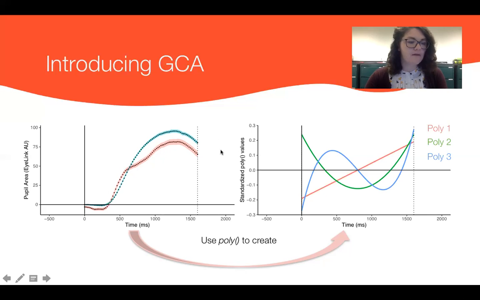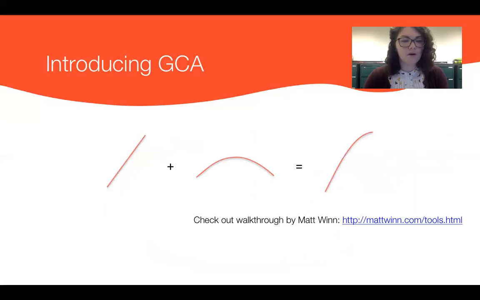If at this point you're wondering how these shapes are going to help fit to this data, I have a short visual example that I can show you that hopefully will help conceptualize it. The important key concept here is that when you add together lines, so for example, this linear line and this quadratic line, you can get a line such as the following. There's actually a really nice walkthrough that Matt Winn made that's available on his website that I would recommend if this conceptually is a little bit difficult to wrap your head around.